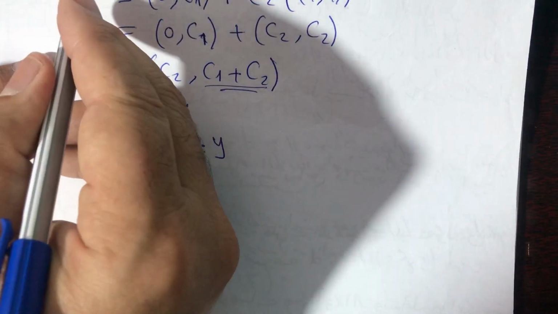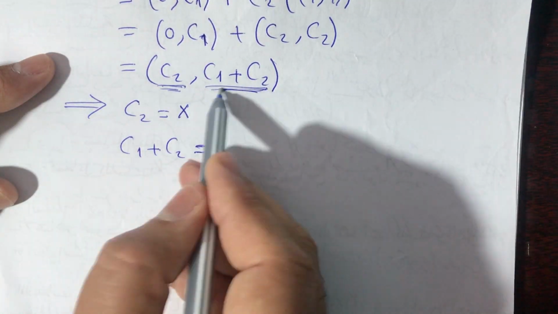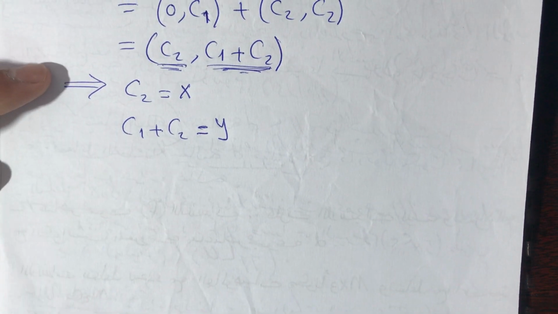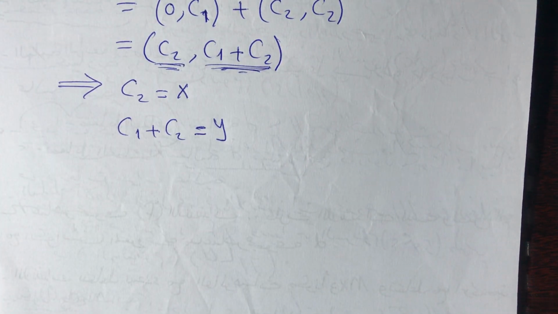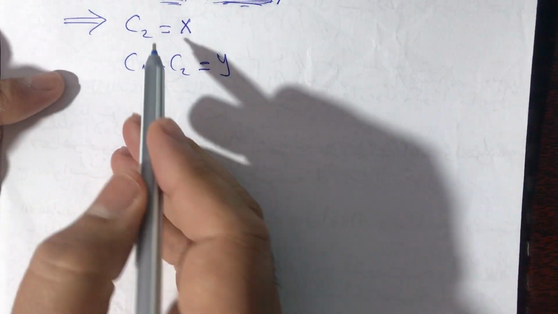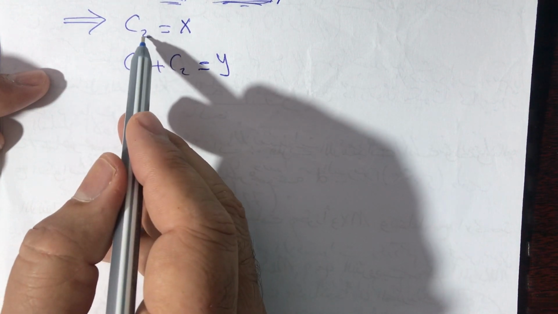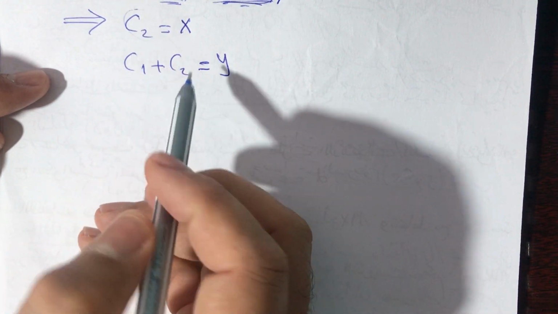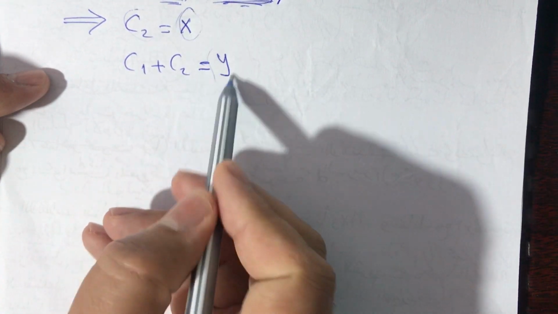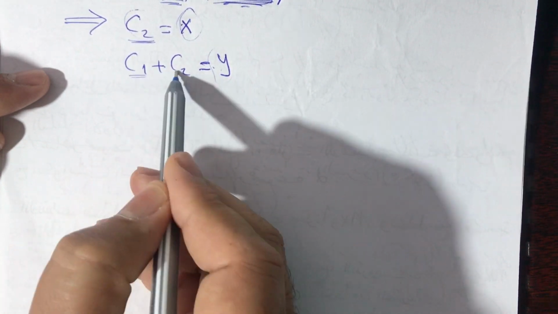The second argument and this first argument. C2 equal what? Equal x, and C1 plus C2 equal what? Equal to y. So now I do this system. Try to find values of C1 and C2 here, and I know the values of x, y. Just try to find C1 and C2.